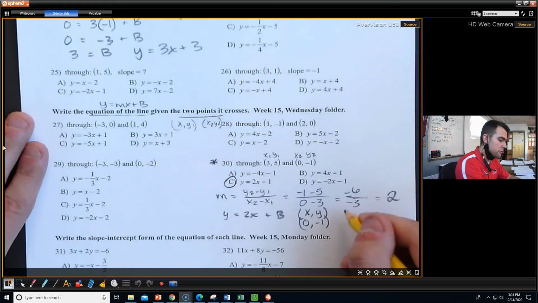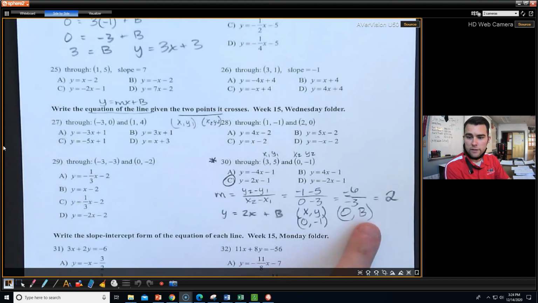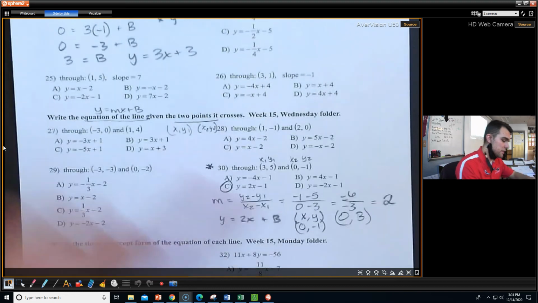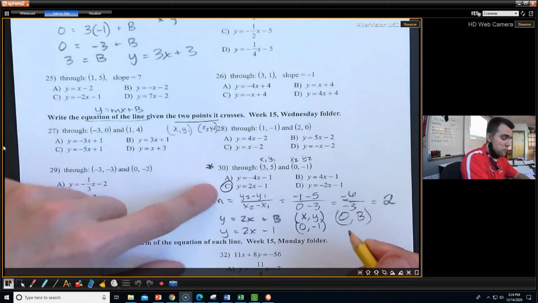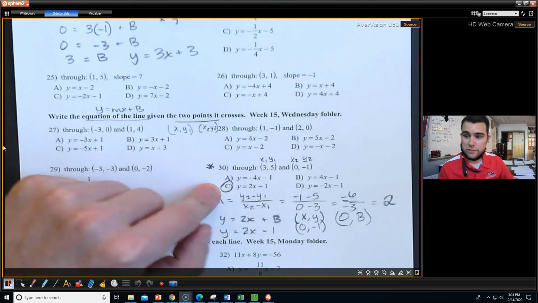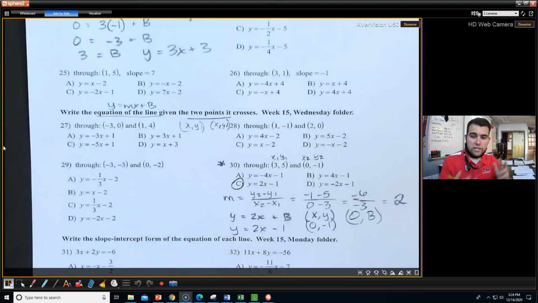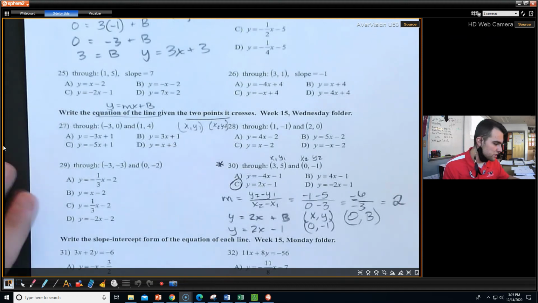Or you can recognize that anything of the form 0 comma b is your y-intercept right there. So our equation, without doing any calculations, is y equals 2x minus 1. And that is what our answer told us it was, so it actually ended up working out nicely. There's a couple of tricks you could do with these. If you see a 0 comma something, that's your y-intercept right off the bat. You don't have to do any of the b calculations.